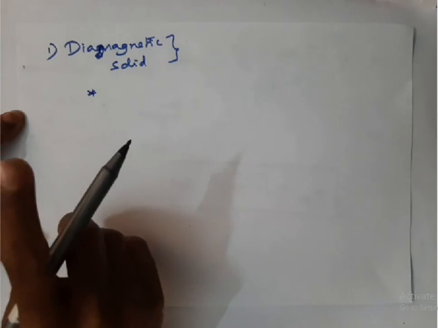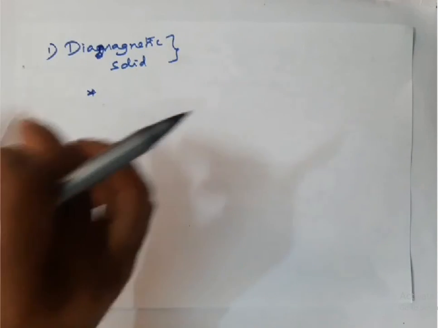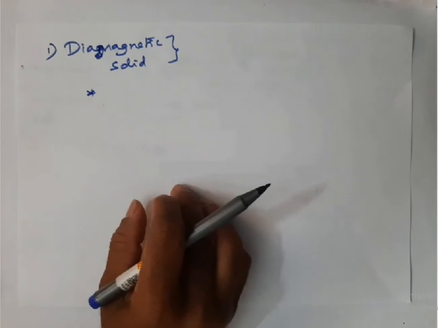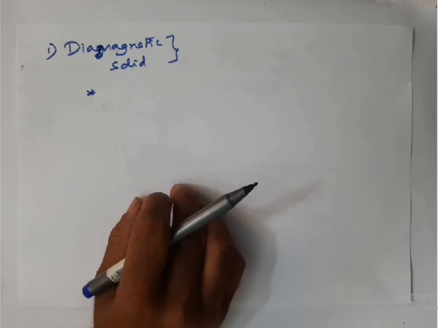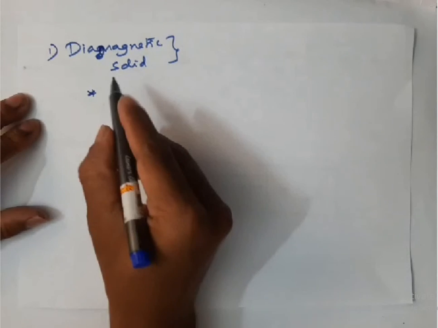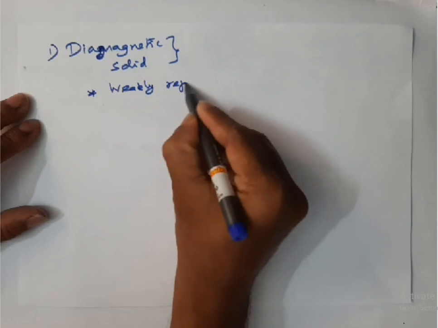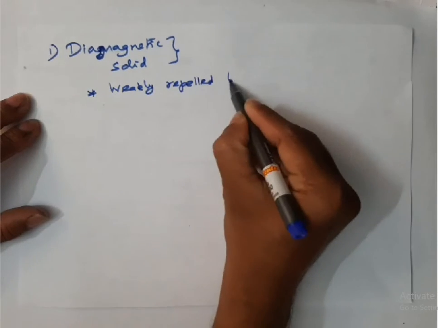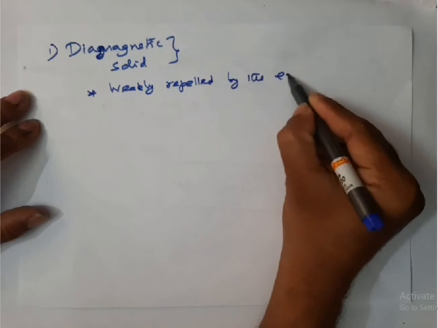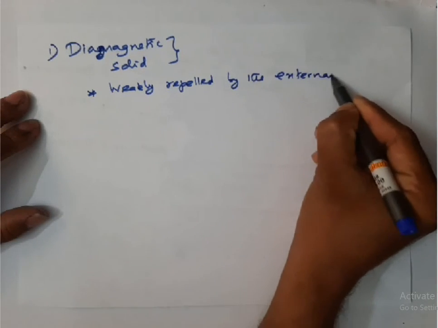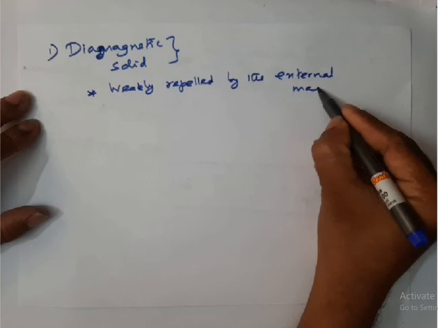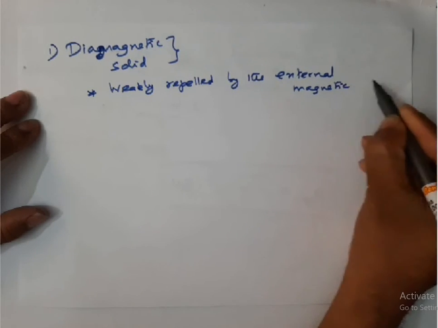I repeat, you take a solid, keep it in a magnetic field. If the solid is repelled by the magnetic field, we call that solid a diamagnetic solid. So diamagnetic solids are weakly repelled by the external magnetic field.